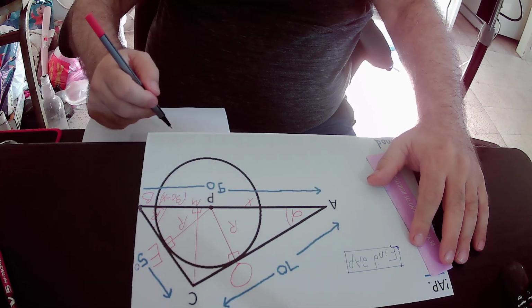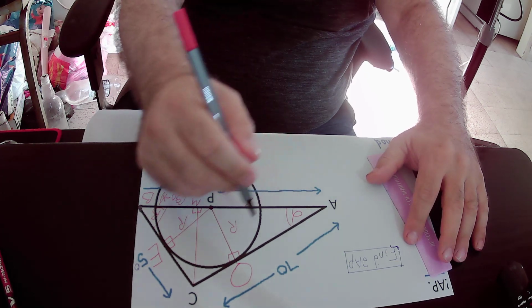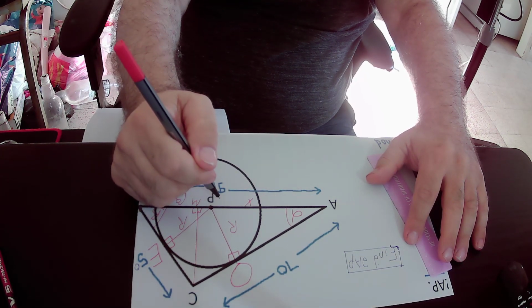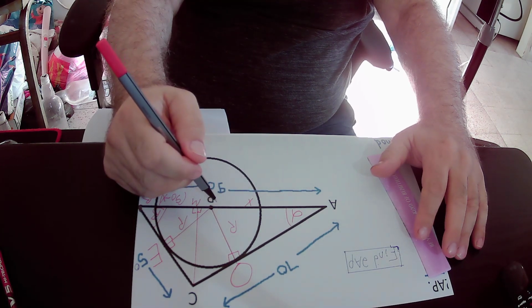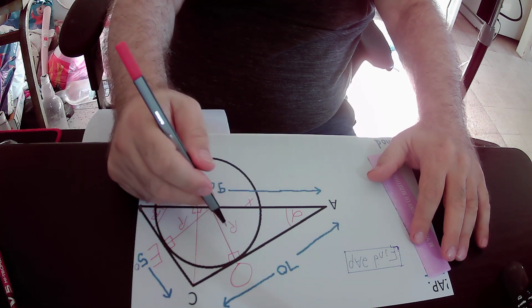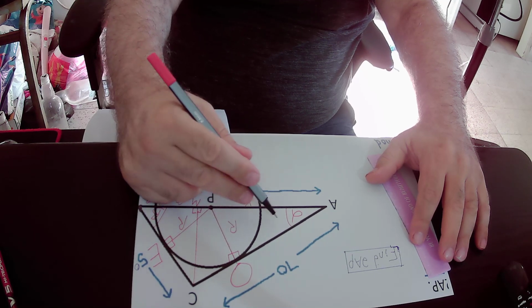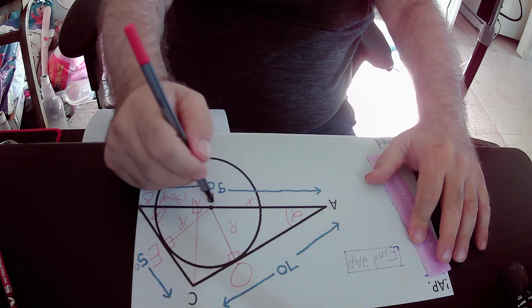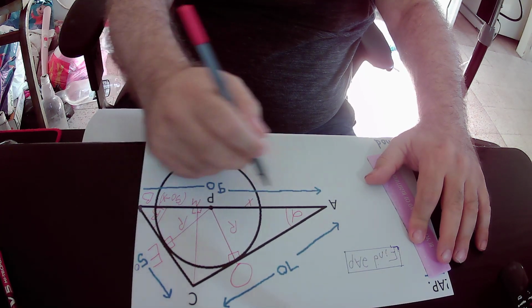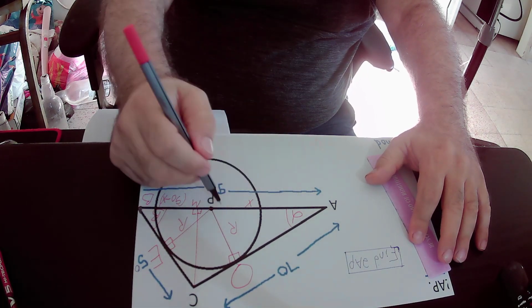So sinus alpha equals OP over AP, the side in front of alpha, that is OP, divided by the hypotenuse of the right triangle AOP, that is AP.